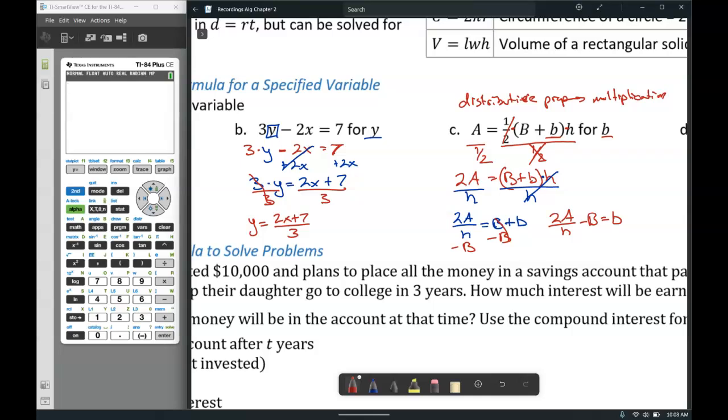So when you're writing your formulas, the case matters, and you need to pay attention to that. If the formula gives you a lowercase x or a lowercase y, they must remain lowercase throughout the entirety of the equation. Same thing if we get an uppercase A or an uppercase B, they must remain uppercase through the entirety of the solving process.